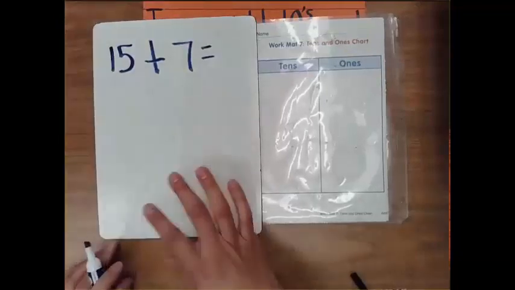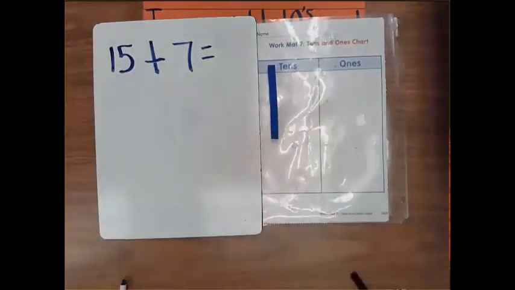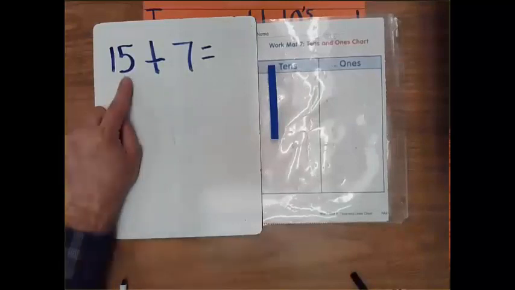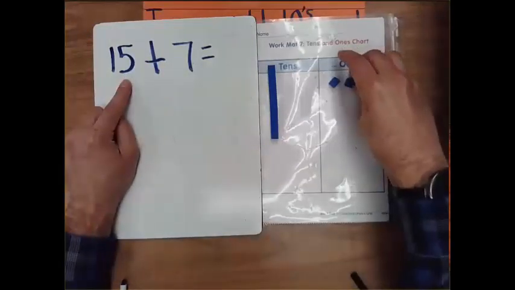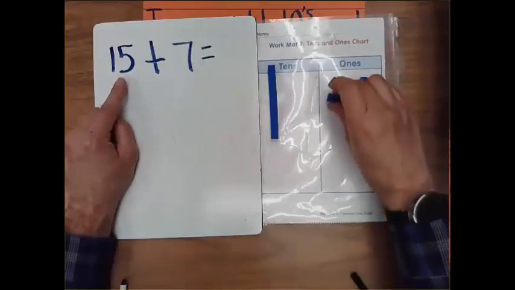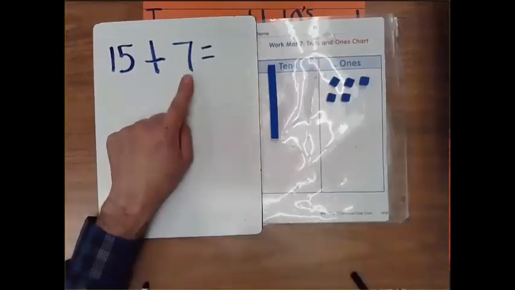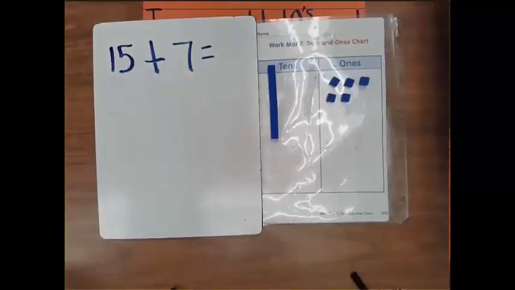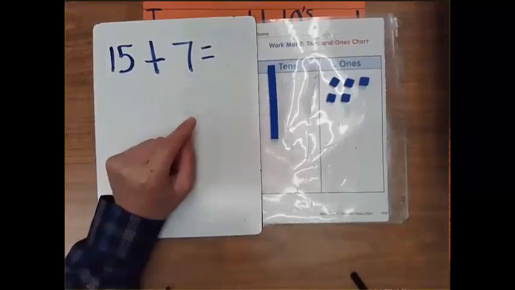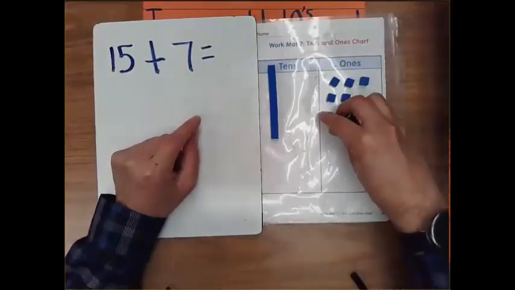Well, what I can do is I know that 15 has 1 10, and it has 5 ones. Now I know that 7 has 7 ones. So I'm going to put that there.